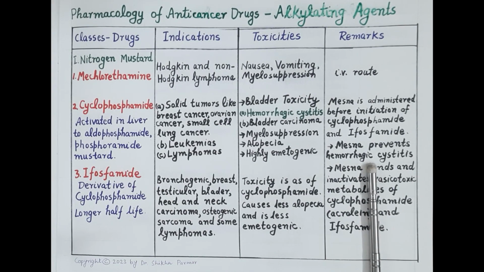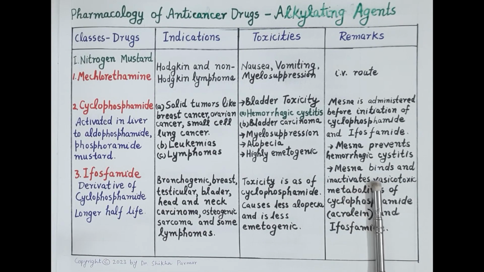For example, it binds to the toxic metabolite of cyclophosphamide, that is acrolein, and thereby it prevents hemorrhagic cystitis. So, Mesna binds and inactivates the vesicotoxic metabolite of cyclophosphamide, that is acrolein. It also binds to the toxic metabolite of ifosfamide.